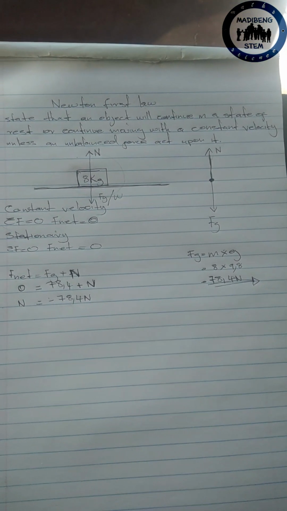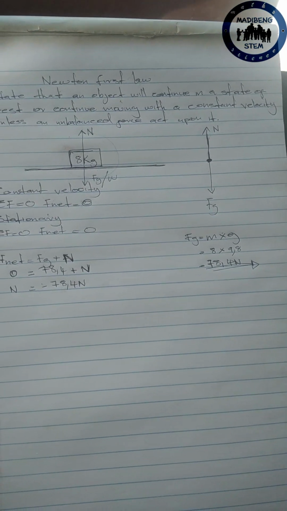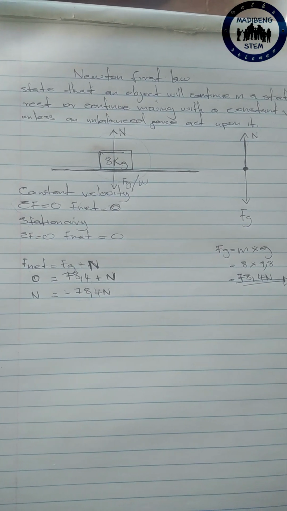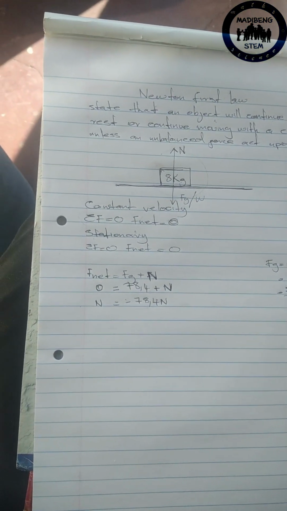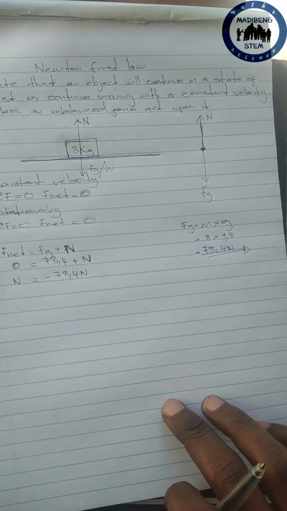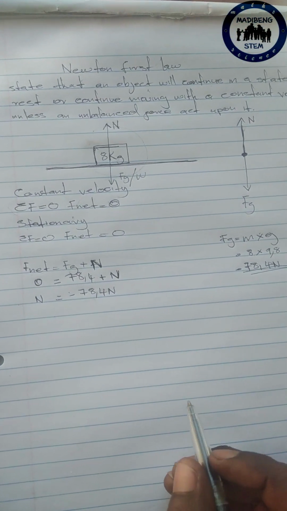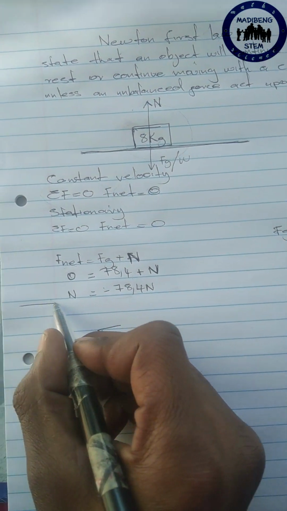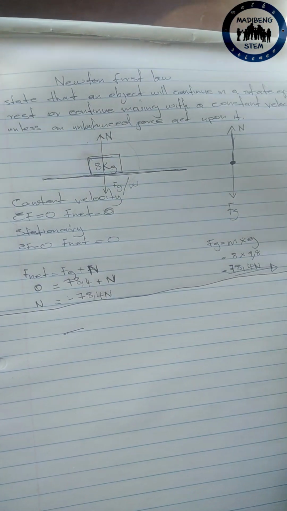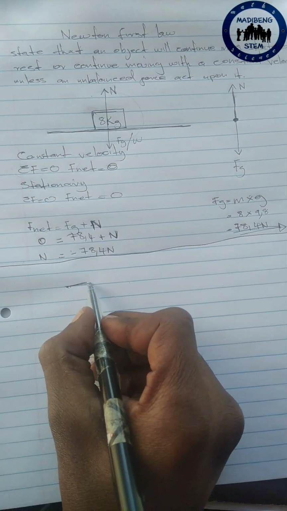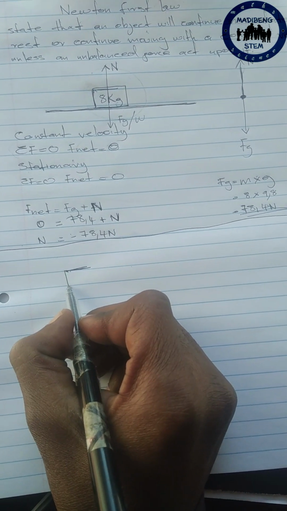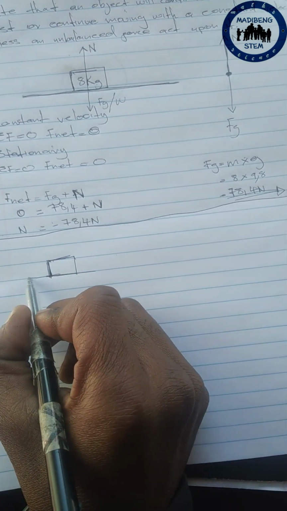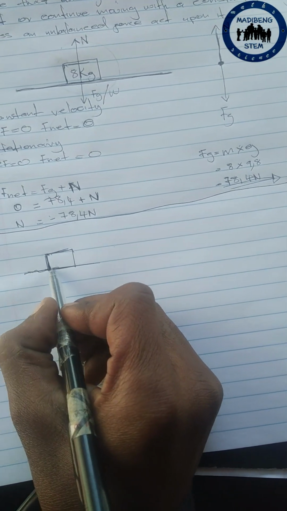So there is no friction because it's not moving, it's at rest or it's moving with a constant velocity. So I will make another example. They have a crate here on a rough surface.